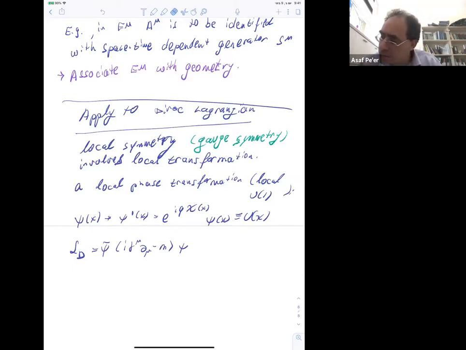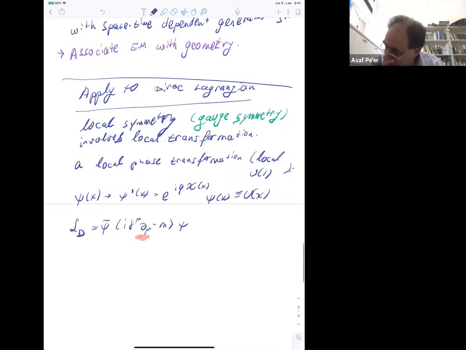So the U is not going to commute because of the d_mu. Applying the transformation, L goes to L prime, which is i, now psi bar is e^{-iQχ} psi bar, gamma^mu.